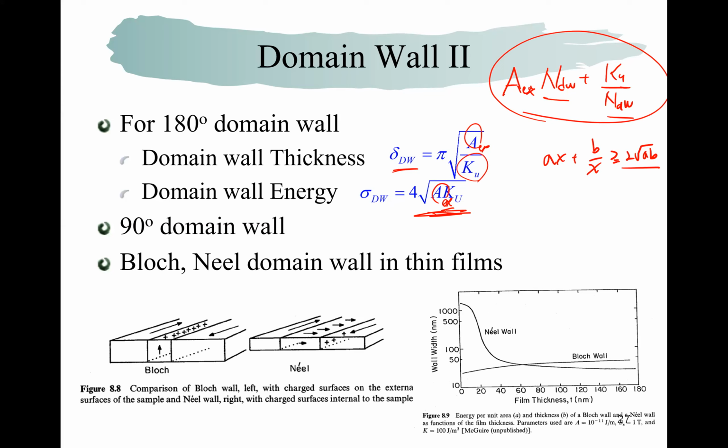Once you obtain this result, you can say the equality holds when A and B are the same. So if we put it in, you get this number for the domain wall width. You may not get these specific numbers, but you can easily obtain this behavior.